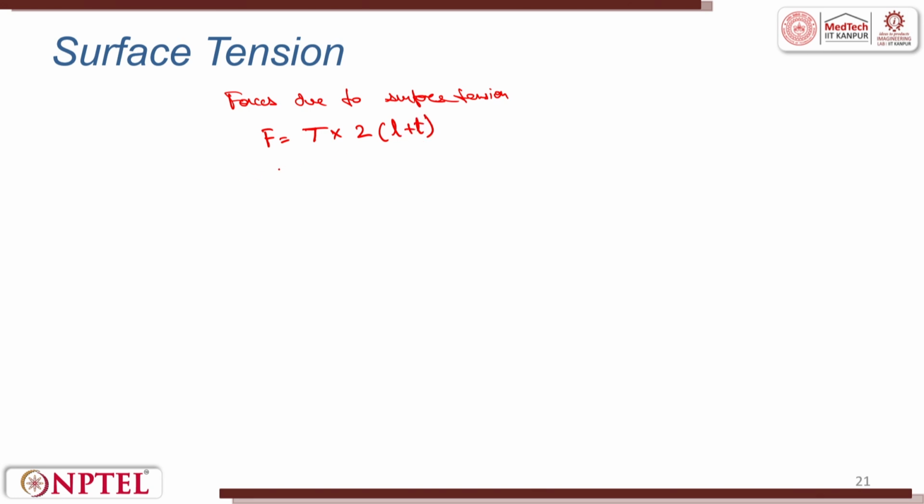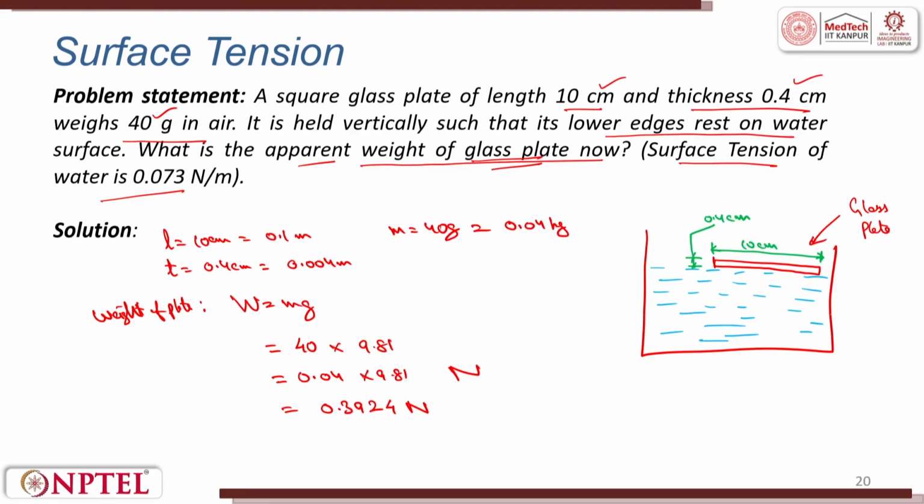Putting the values, we can say F is equal to T, the value is given here, surface tension of water, that is T is 0.073 Newton per meter.